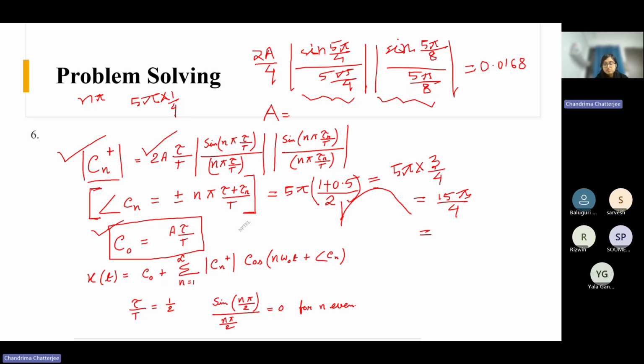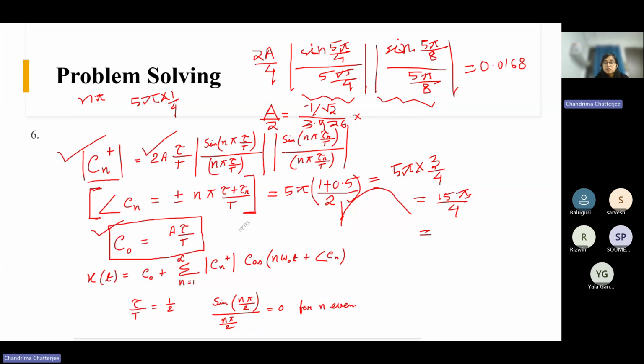Sine 125 divided by 4. This side we have A by 2. This is minus 1 by root 2. It is coming. Then below we have 5 pi divided by 4. Here we have 3.926.